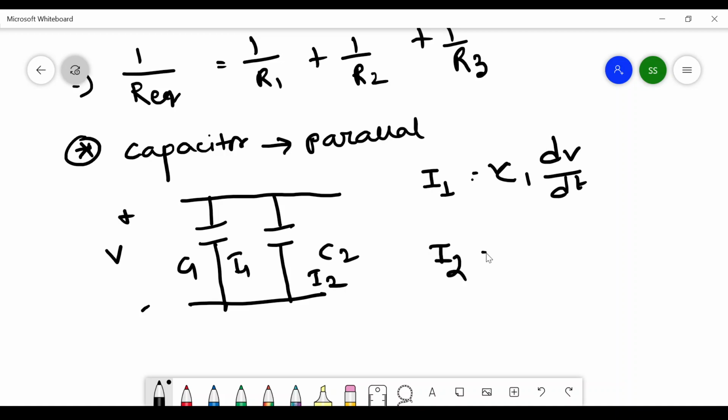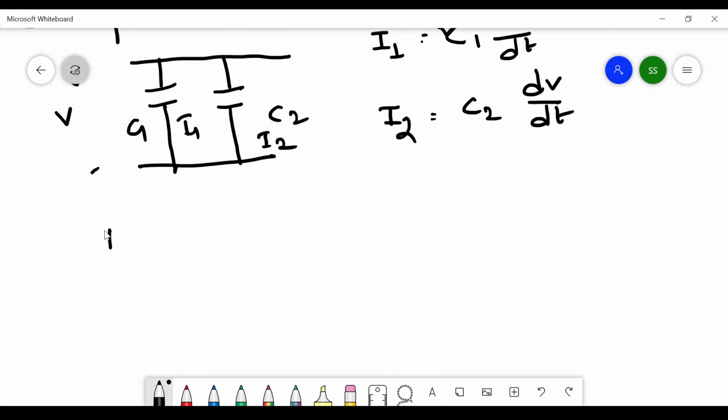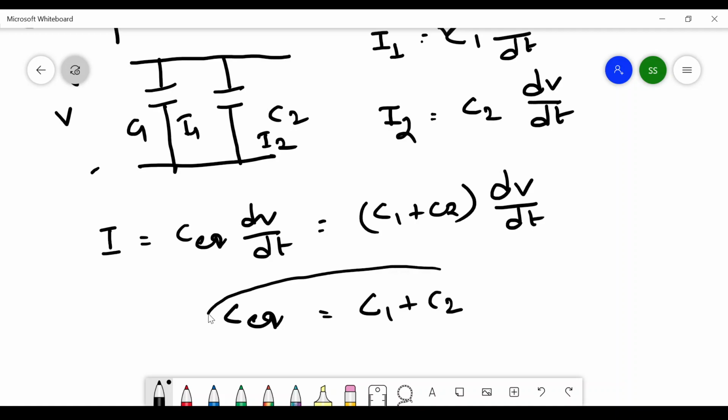Similarly, I2 is C2 dV/dt. Remember these two equations. Now the total current I is C equivalent dV/dt, equal to C1 plus C2 times dV/dt. So C equivalent becomes C1 plus C2. This is the parallel connection equation of two capacitors.